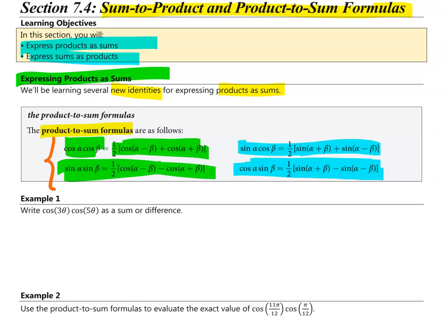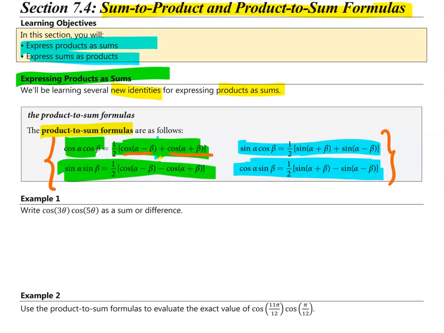To become familiar with these formulas, try to look for some pattern here. Cosine alpha cosine beta is going to be equal to 1/2 of cosine alpha minus beta, alpha plus beta, and it is addition here.